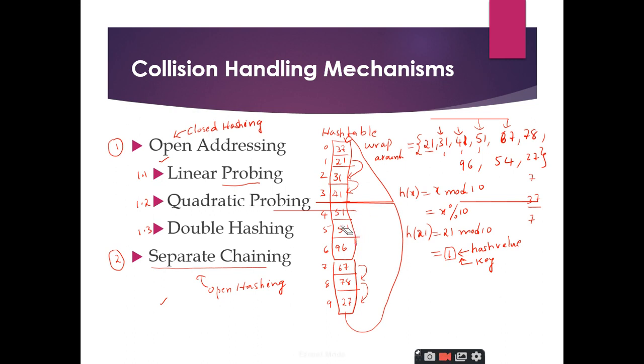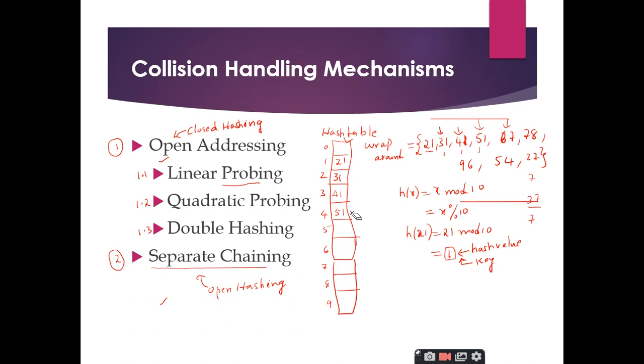Right. So let us see what is the disadvantage of linear probing. When a collision occurs, according to linear probing, you check the next location. If it is vacant, you just insert it. If this happens many times, for example, consider 21, 31, 41 and 51: 31 occupies the second location, 41 the third location, and 51 the fourth location.